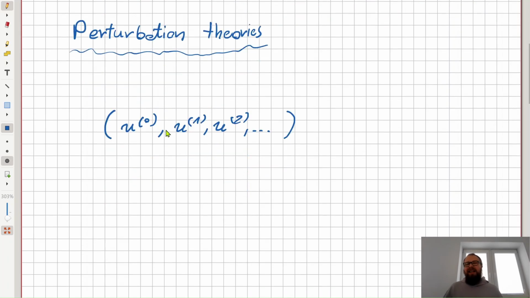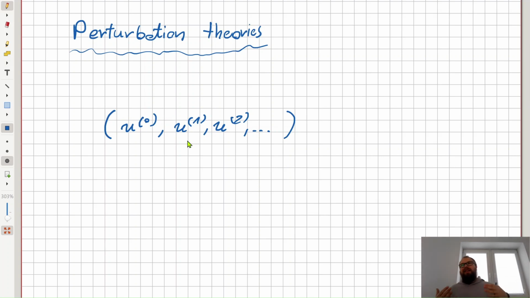What is the exact nature of those terms? That depends on your procedure, what you are doing. These are some functions, some numbers, some operators, whatever. What does it mean that it's of order k?